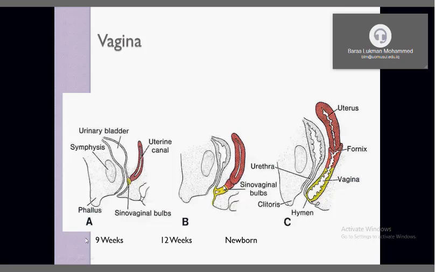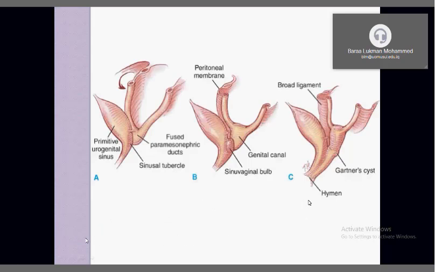The recent theory is that this sinovaginal bulb contributes to the major portion of the vagina. To start with it is solid and later becomes canalized, and it remains separated from the urogenital sinus by this tissue plane which forms the hymen.